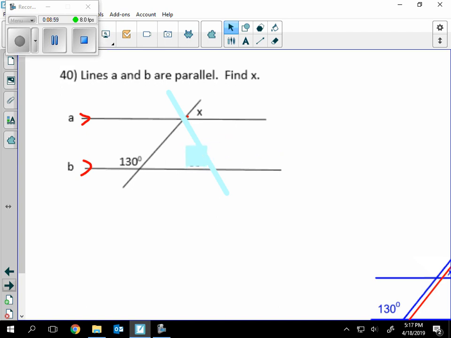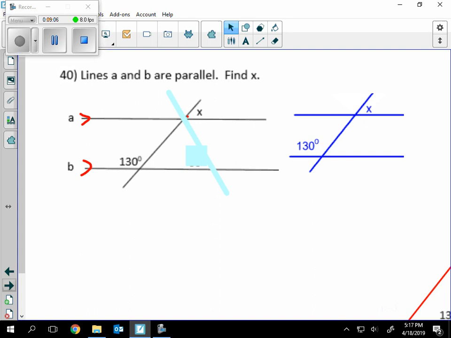It's just bothering me. So now I hope you see what we really have is something just a little easier to look at. It's basically the same picture. I've got my two parallel lines cut by this transversal, and I want to find angle X.